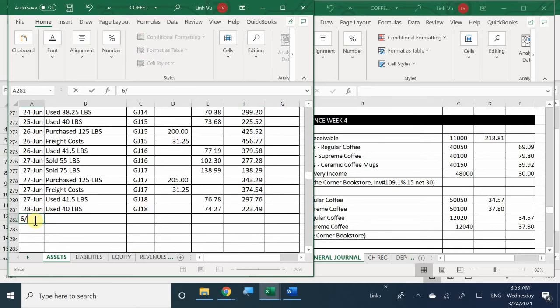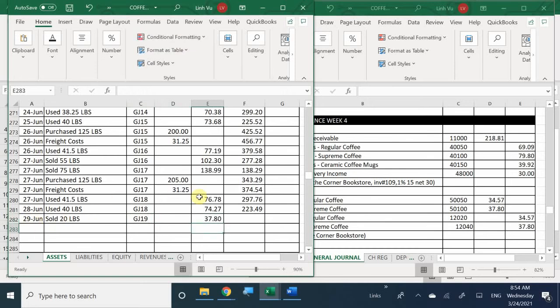Right. Last but not least, we have our Supreme Coffee. We sold a total of 20 pounds. All right, General Journal 19. We sold it for $37.80.